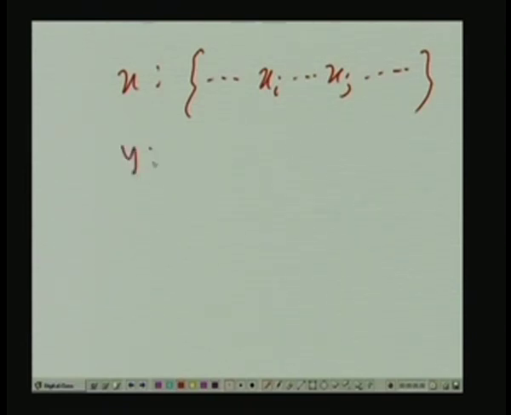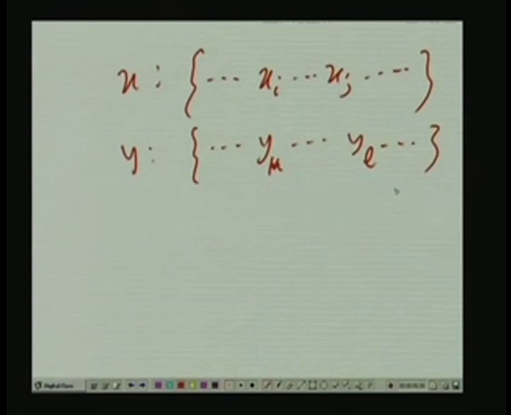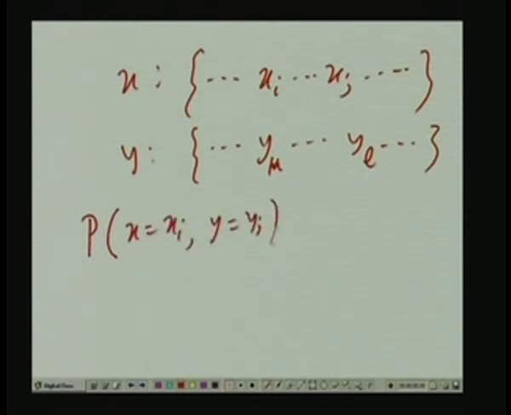Similarly, y takes values y k, y l, and so on. Okay. In that case, the joint probability that x takes the value x i and y takes the value y j is denoted by P i j.